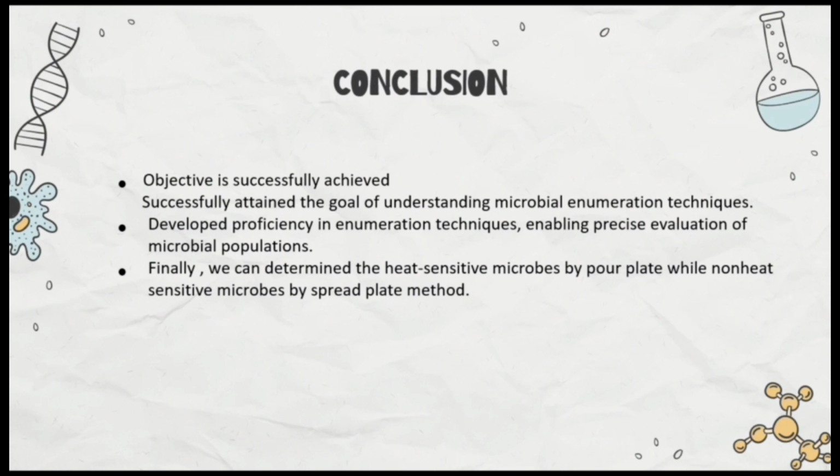Application in many fields such as microbiological research, quality control procedures, and guaranteeing the safety of goods like food and water requires this understanding. Finally, from this experiment, we can determine that heat-sensitive microbes are suited to the pour plate, while non-heat-sensitive microbes are suited to the spread plate method.